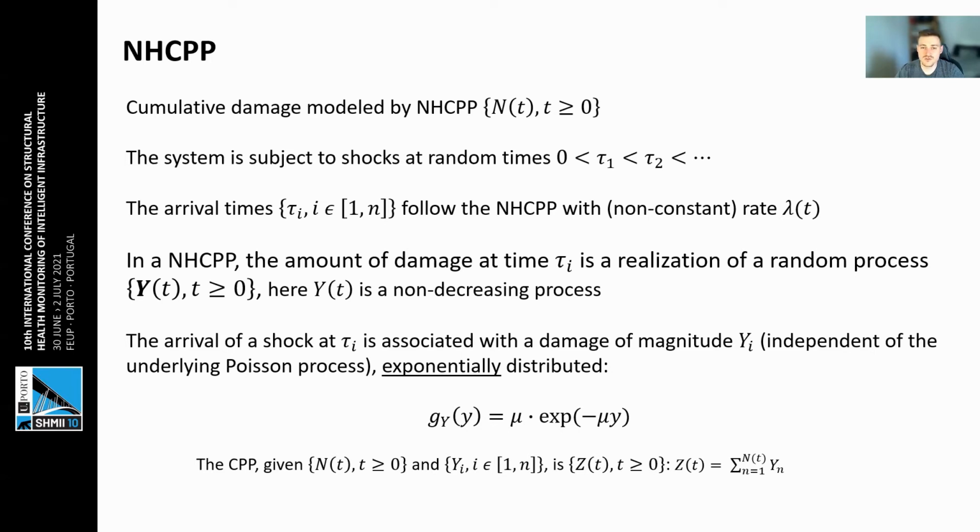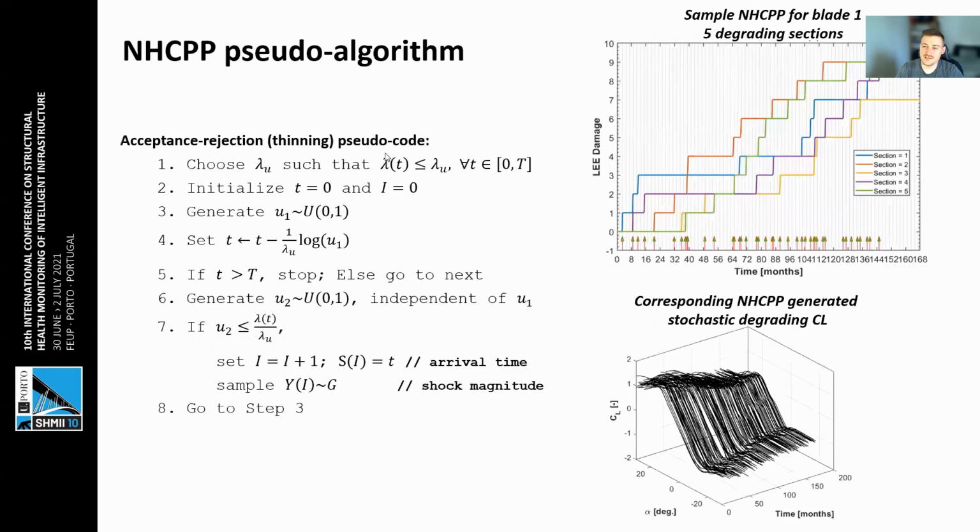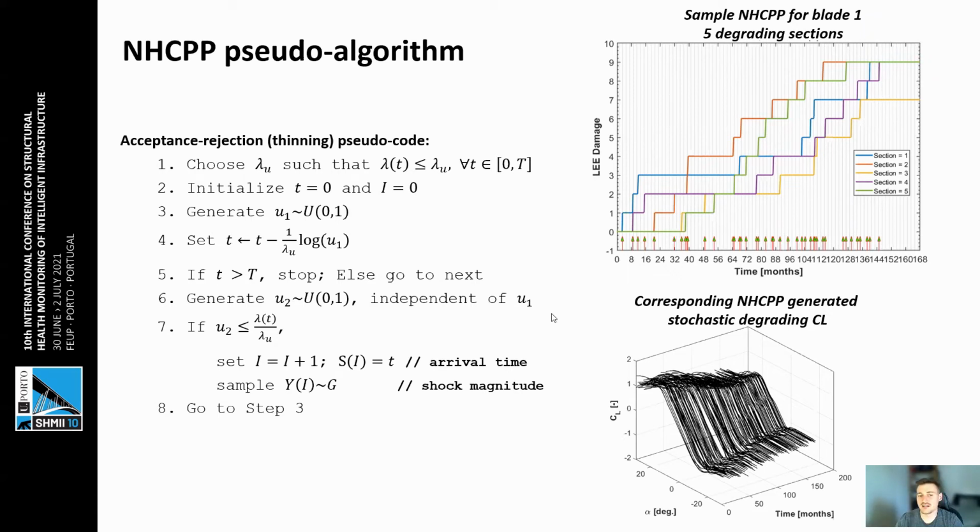The algorithm used to generate these degradation paths is shown here in this pseudocode. On the right-hand side, we show an example of some degradation paths for a blade with 5 sections, where each color corresponds to a different section and therefore a different part of the blade which is undergoing its own non-homogeneous compound Poisson process degradation.